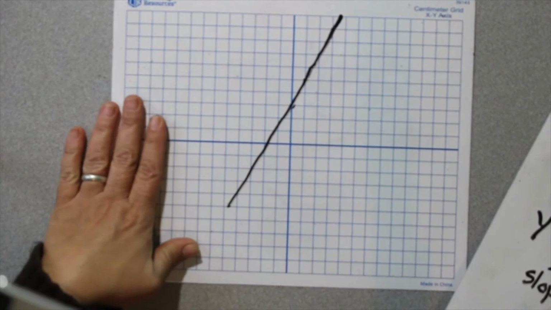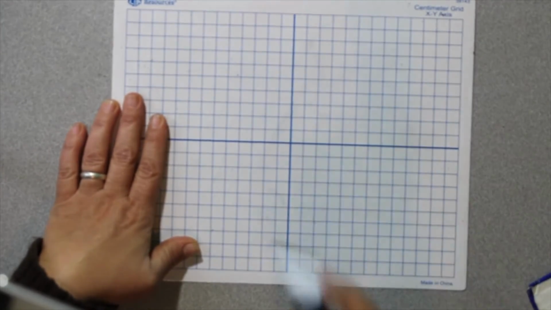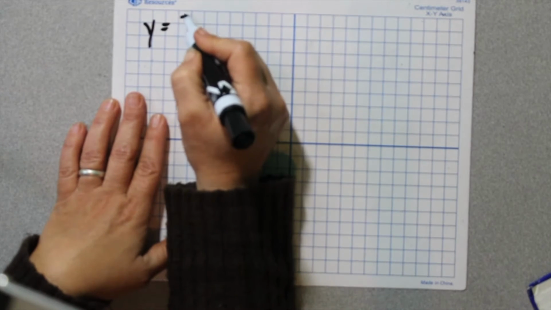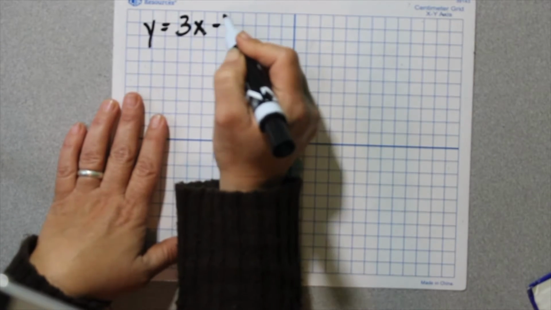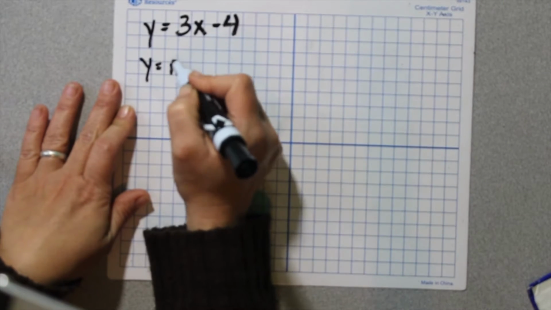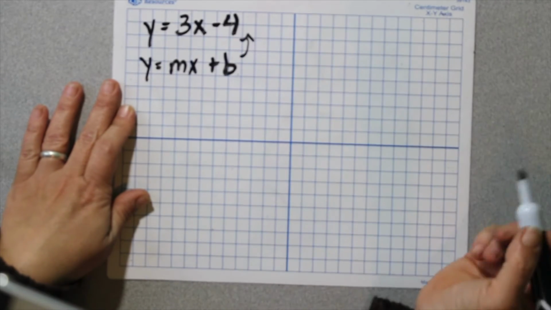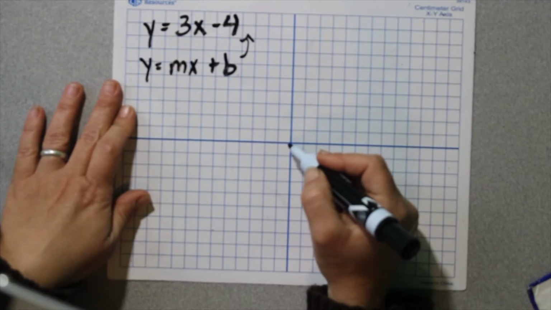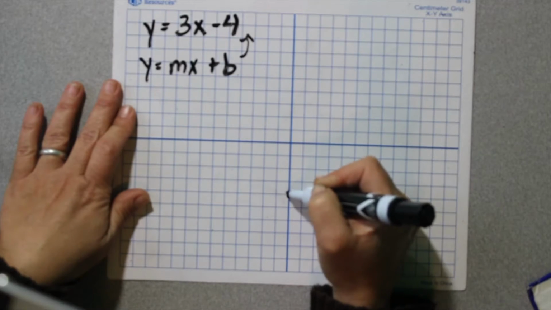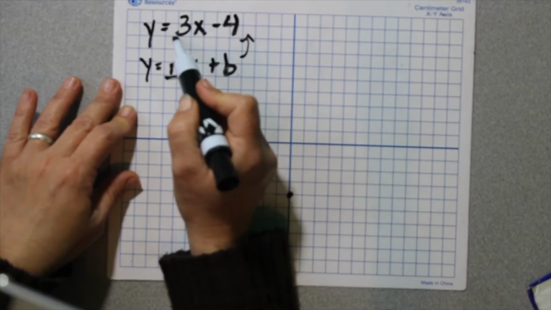Alright, let's try another one. Let's try y equals 3x minus 4. Okay, so if we write out y equals mx plus b, we can see that this plus right here will be our negative 4. So that's our y-intercept. 1, 2, 3, 4. So we're going to go down 4 on the y-line and make a dot. Now our m, our slope, would be 3.